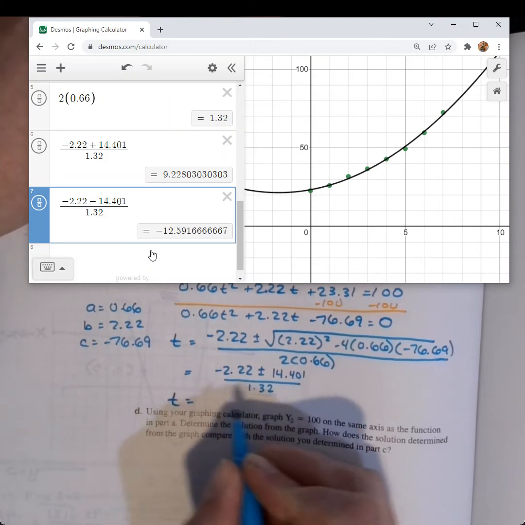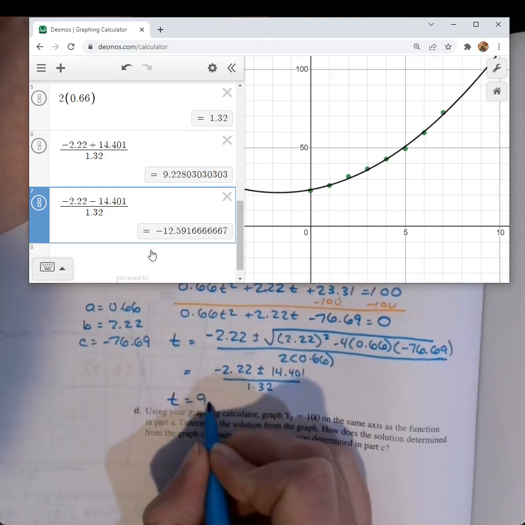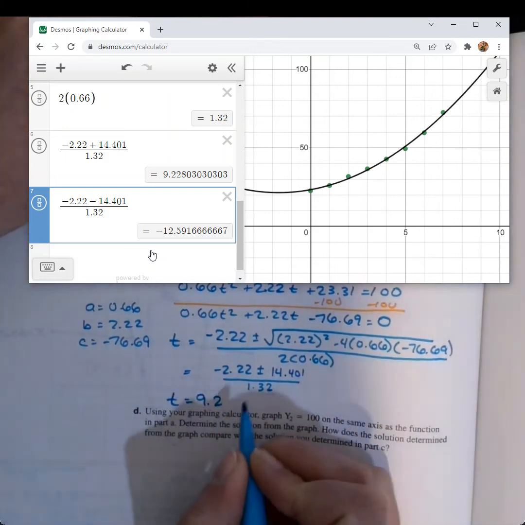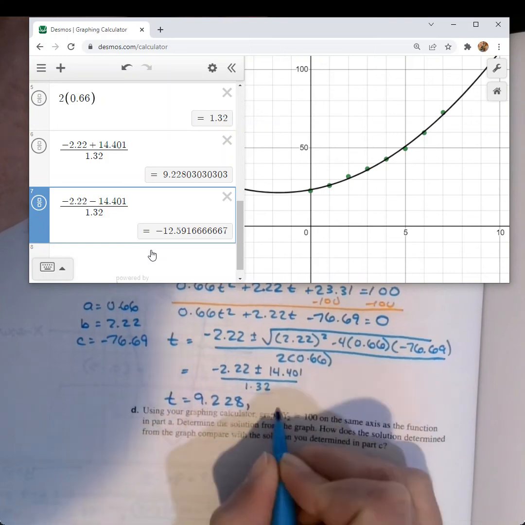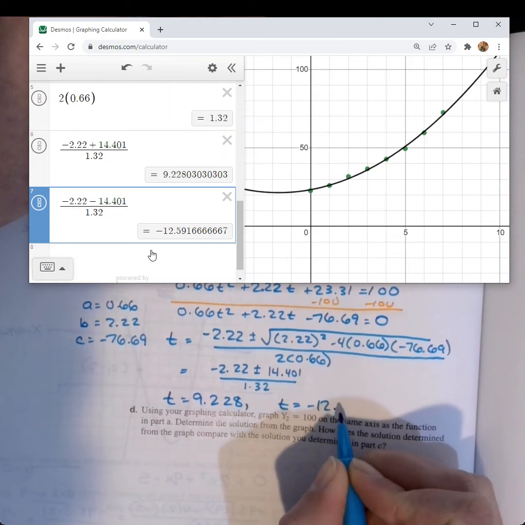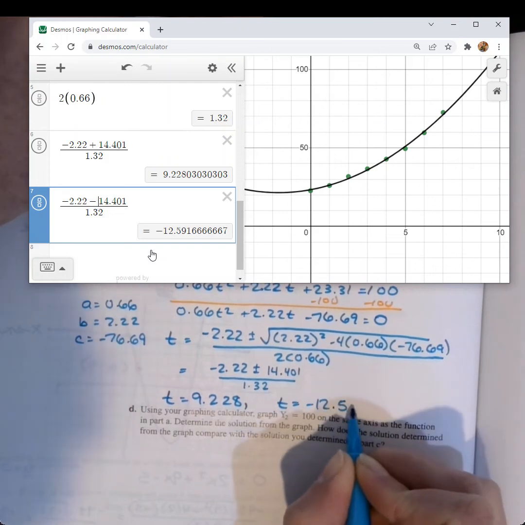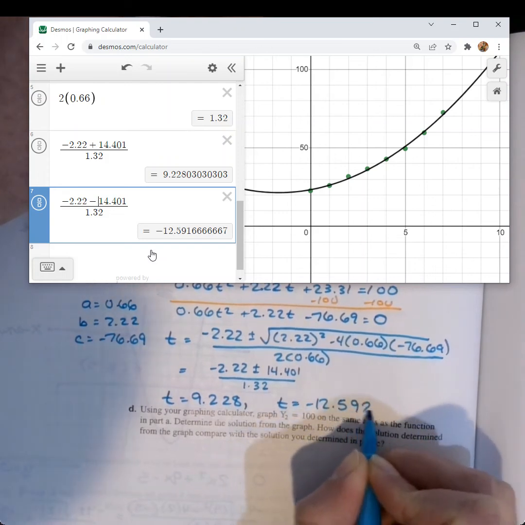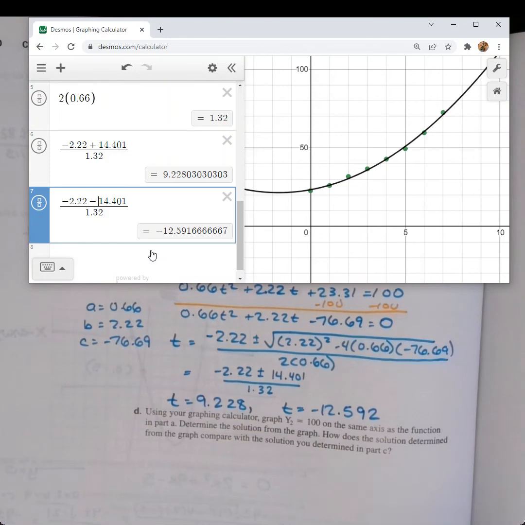Our t value is going to be 9.228 or negative 12.592 if I round that to 3 places. Using the quadratic formula to determine the year in which online advertising will first exceed $100 billion.